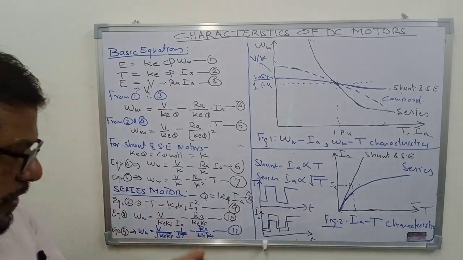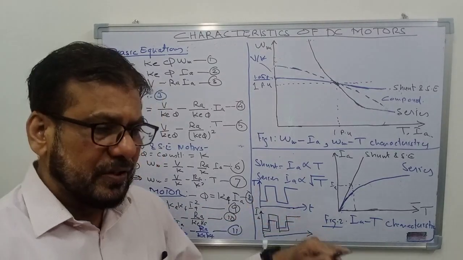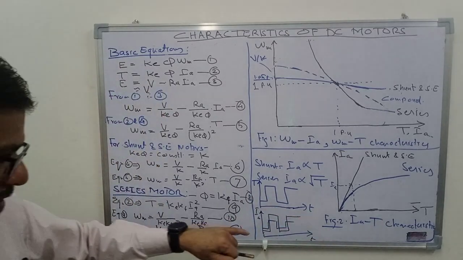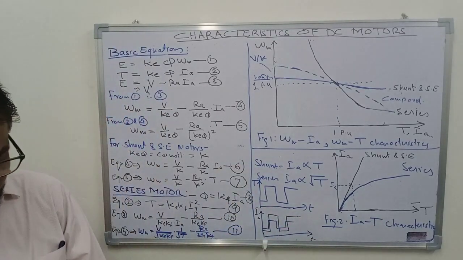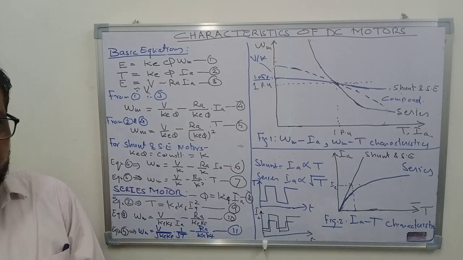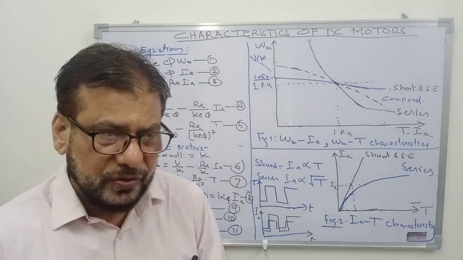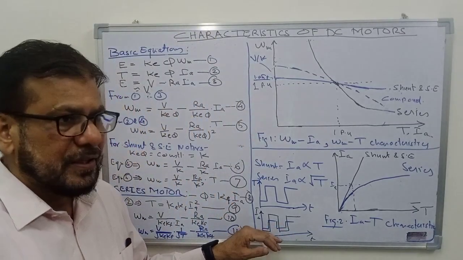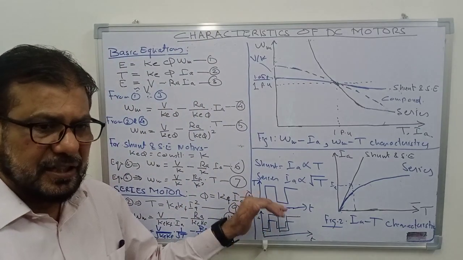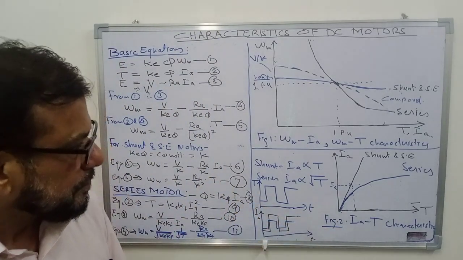So on overload condition, the current will not become very high, so the current will be within safe limit, and less fluctuation in the supply current, less fluctuation in the supply voltage. So series motor is recommended in those situations where we go for frequent overloads, and in those situations where the load is highly fluctuating.